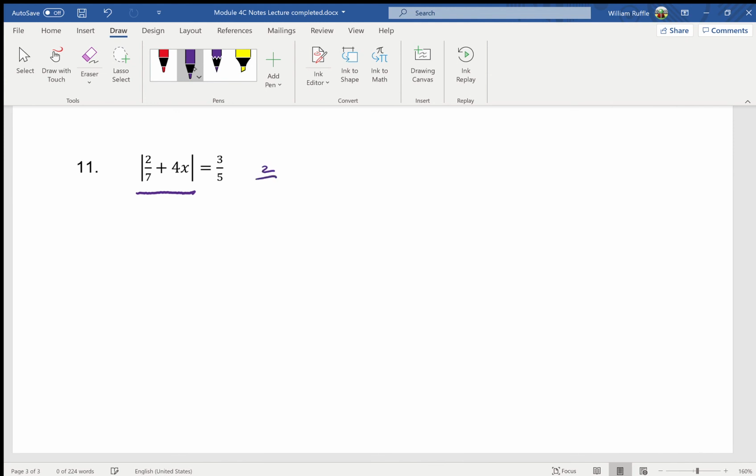So my first equation is 2/7 plus 4x equals 3/5, or 2/7 plus 4x equals negative 3/5, just like all the other ones. Now people start panicking with the fractions, but you have a calculator. Let the calculator do the work.